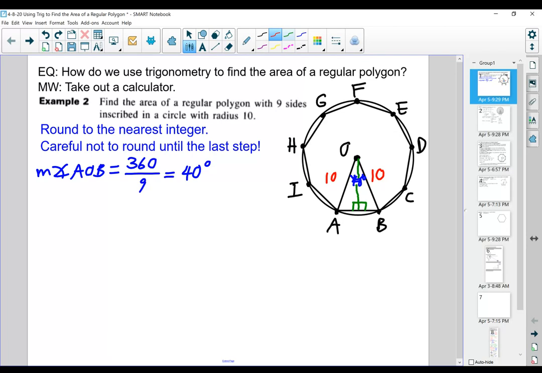And we also will label this point on the bottom X. So we're going to need to find that length of the apothem OX to find out the area in the future. So let's see. From what we discussed, it's going to be important to find the height and the base of this particular triangle.